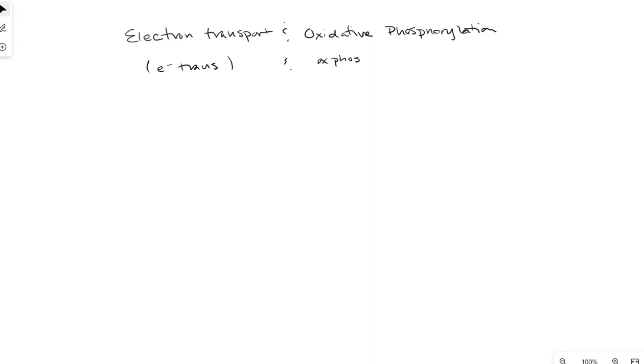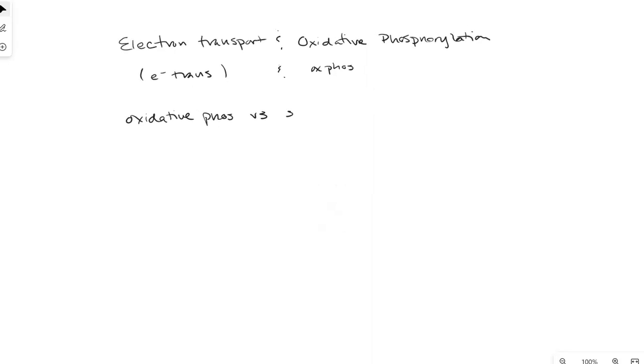level phosphorylation, NADH-dependent ATP synthesis is the result of oxidative phosphorylation. So what's the difference?